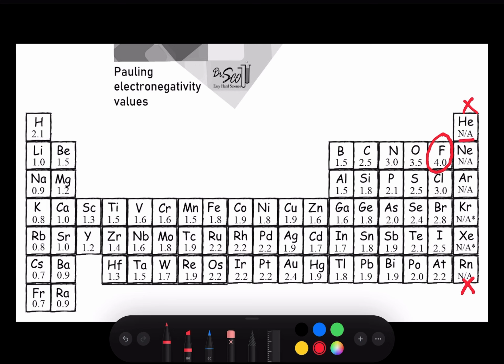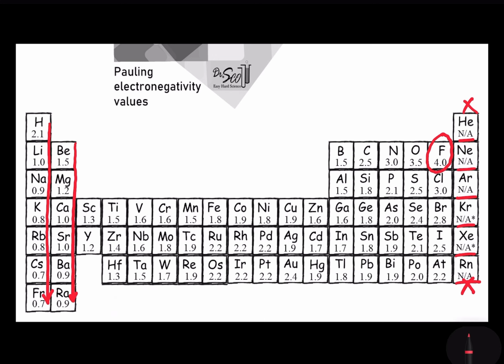NA means not applicable, because group number 18 elements have zero tendency to gain electrons and to attract the shared pair of electrons towards itself. So now let's talk about specific groups. Let's talk about group number 1. In group number 1 we can easily observe that down the group the value of electronegativity is decreasing. In group number 2 the value of electronegativity is again decreasing. So that means electronegativity decreases down the group.